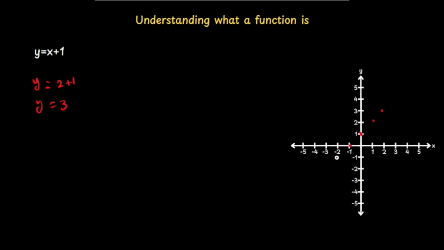Negative 2 plus 1 is negative 1. Negative 3 plus 1 is negative 2. Negative 4 plus 1 is negative 3. Negative 5 plus 1 is negative 4. And if we continue on the positive x-axis, 3 plus 1 is 4. 4 plus 1 is 5. And since I don't have 6 on the y-axis, I'm going to leave that one out.